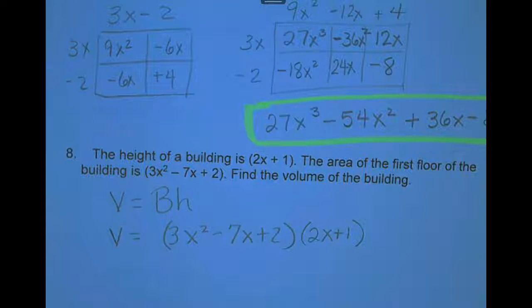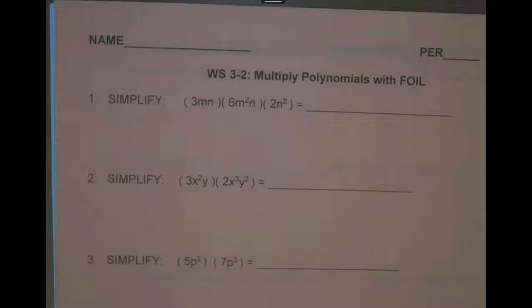Okay. Next. I would like you to look at problem number 1 on the homework, because most of the examples that I showed you in the notes were binomials times binomials. Most of the things that we're going to be multiplying out in Unit 3 that we're just now starting will be binomials times a binomial, but that's not what problem number 1 is.